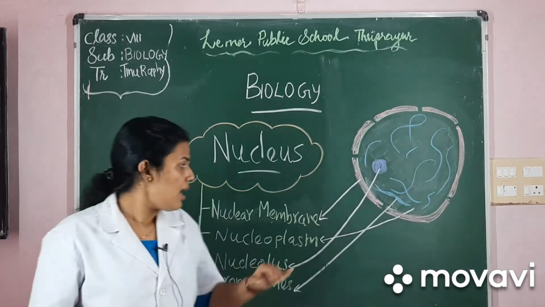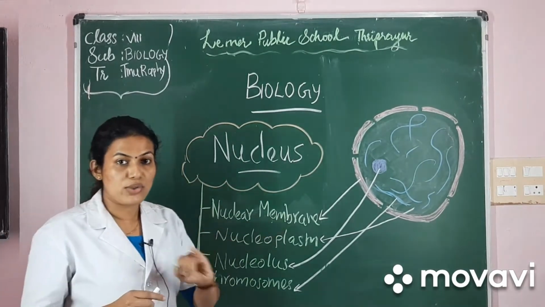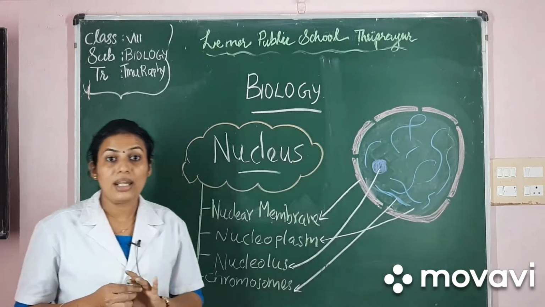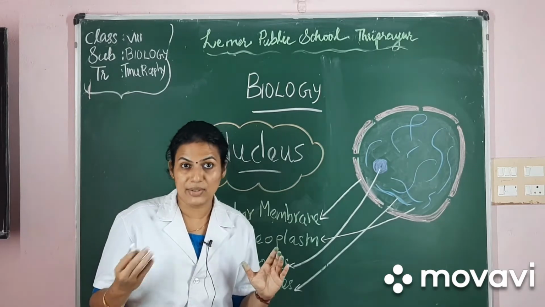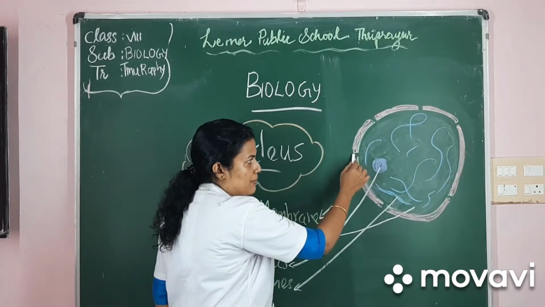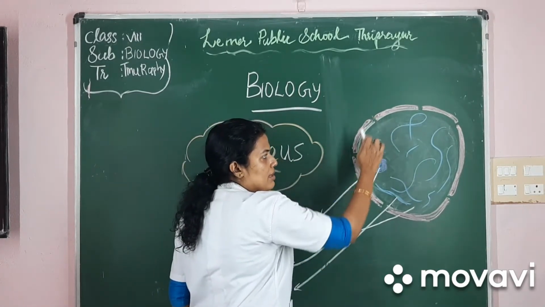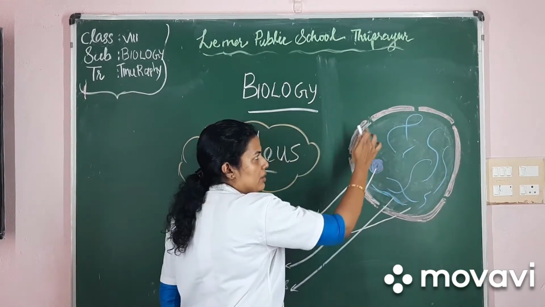So likewise, our nuclear membrane is also selectively permeable, or it is having some pores in between. Here the teacher has represented a few gaps. See, a few pores in between the nuclear membrane.